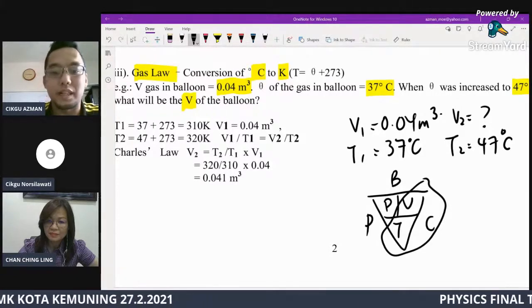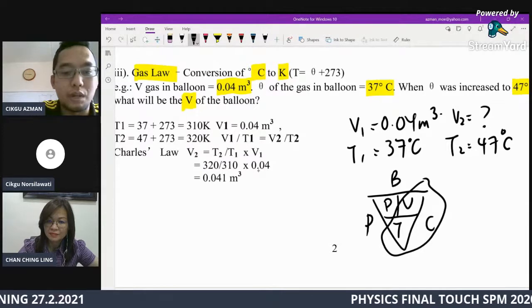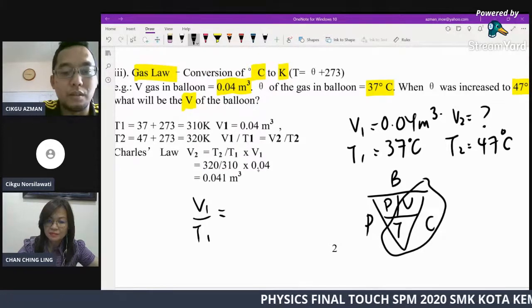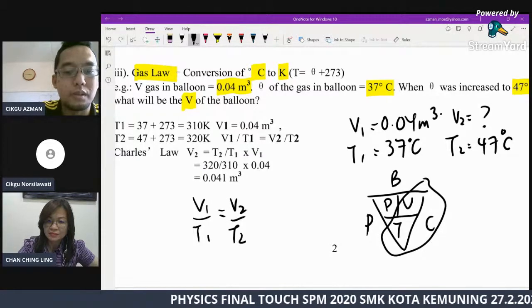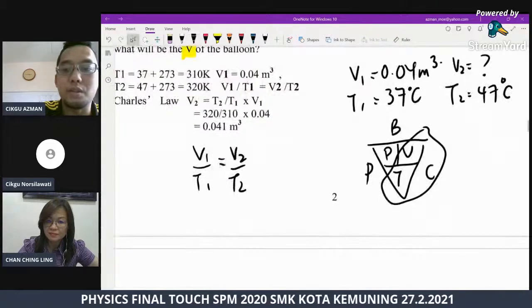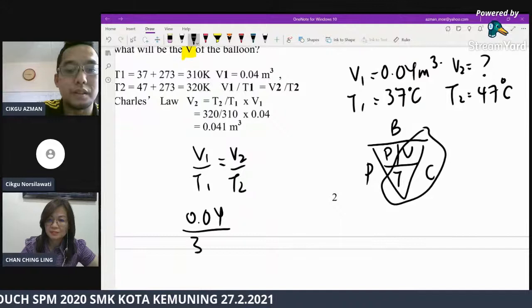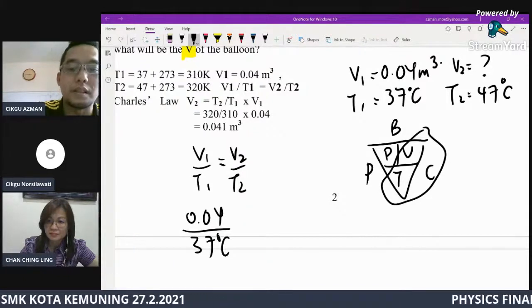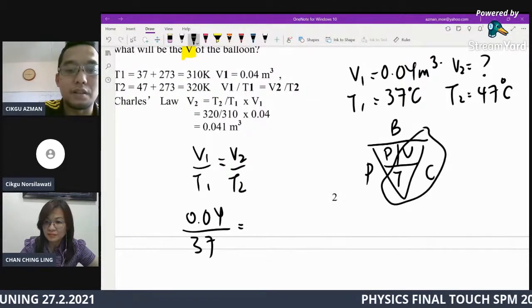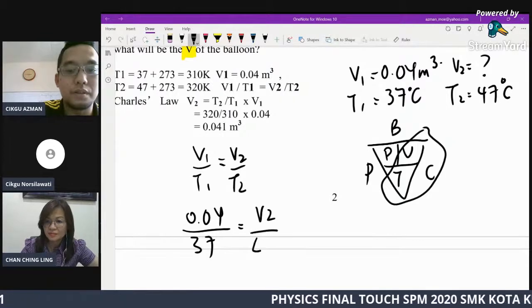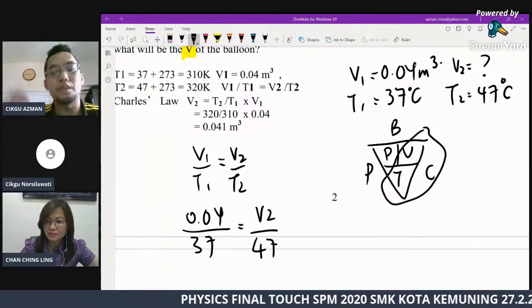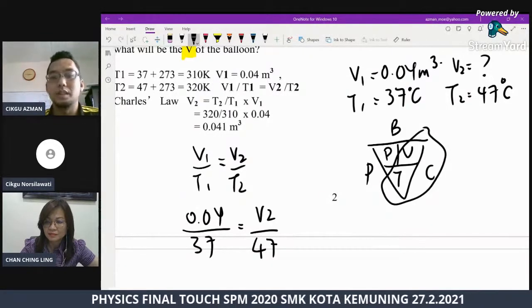Okay, we use Charles law. So kamu pun buat V1, T1 over V2, T2. Next you substitute the value 0.04 over 37 degrees Celsius. Dengan confidentnya V2 47 degree. Then you proceed, you find V2.